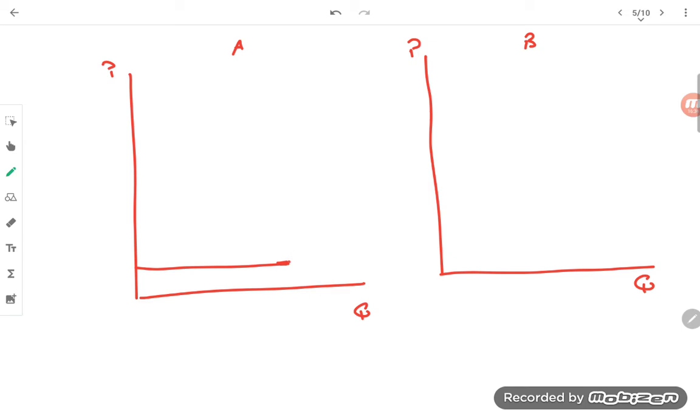After this point, whatever the price level, the quantity is constant, and this is the maximum level of production that can be produced.